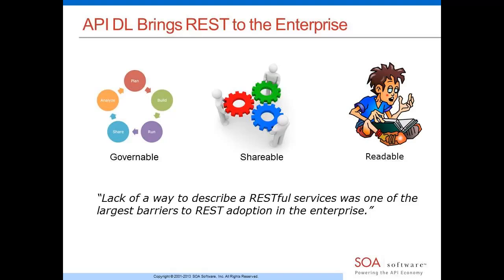The third thing that API description languages do for APIs, in an enterprise or outside an enterprise, is make them human readable. So your consumer of your API doesn't have to be an expert in any one of the description languages. They get human readable docs. They just figure out how to use this API and they can begin using it.